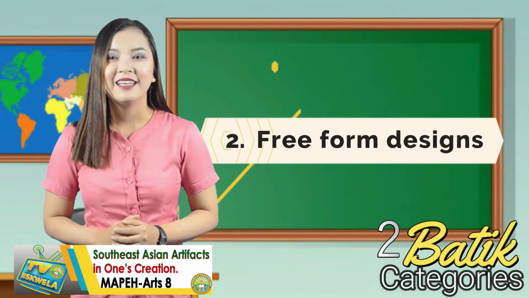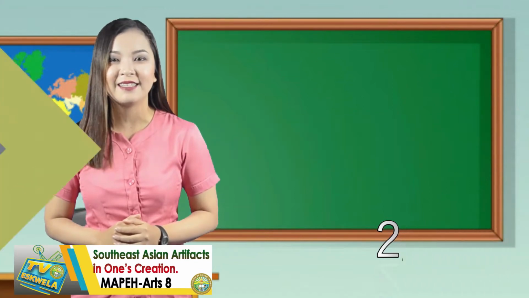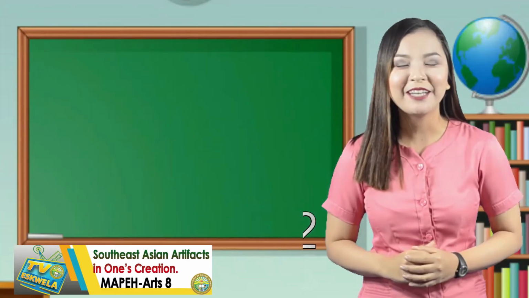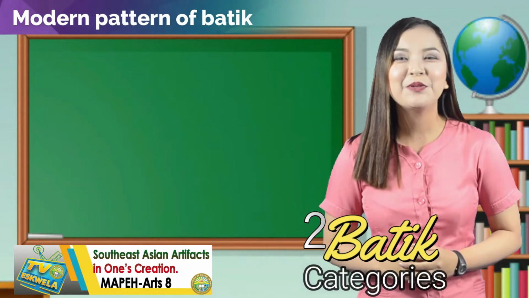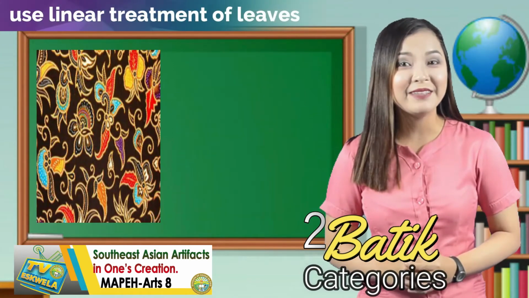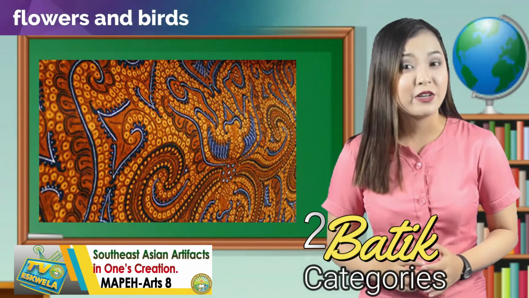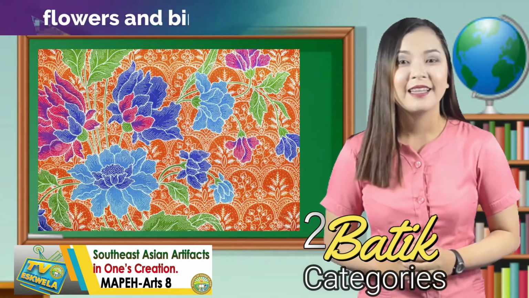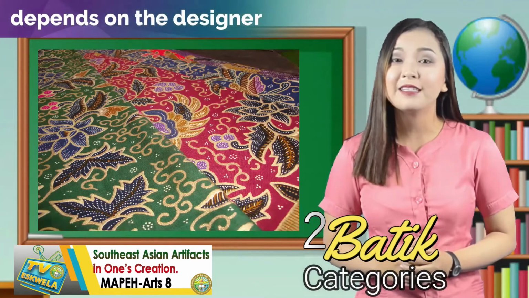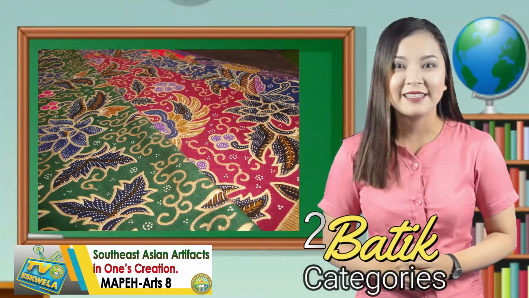The second is the free-form designs. Modern patterns of batik use linear treatment of leaves, flowers, and birds. Since the patterns are free-form, the design depends on the designer and the guidelines they use.